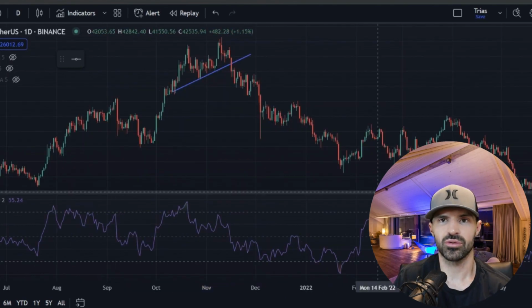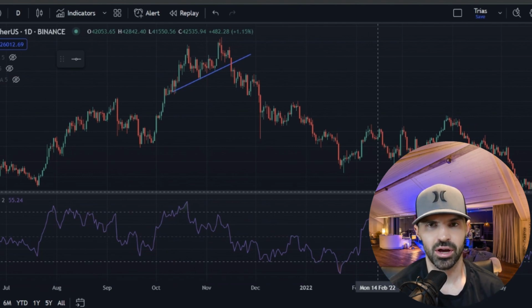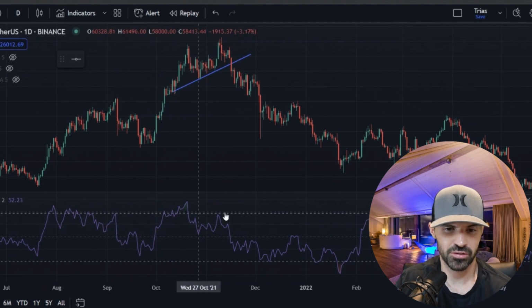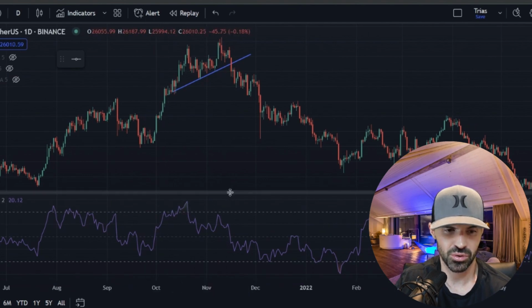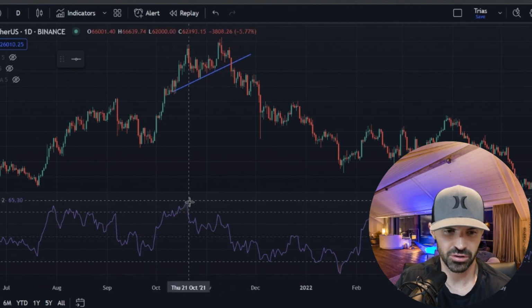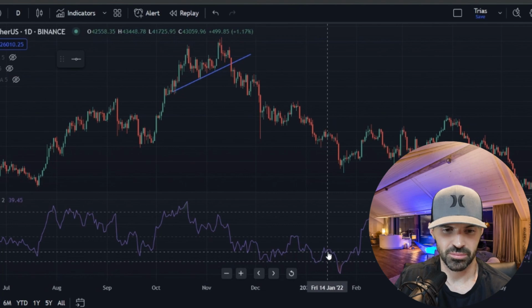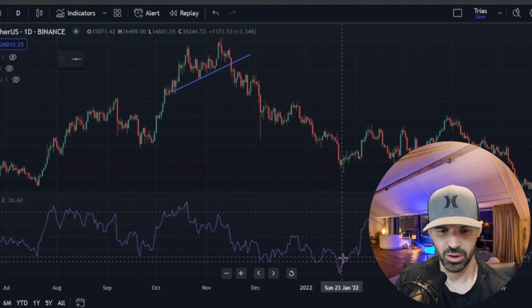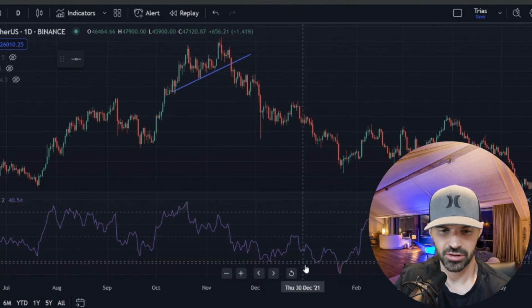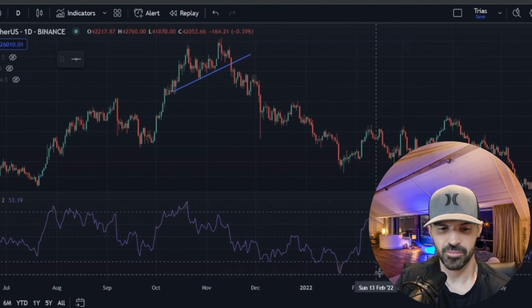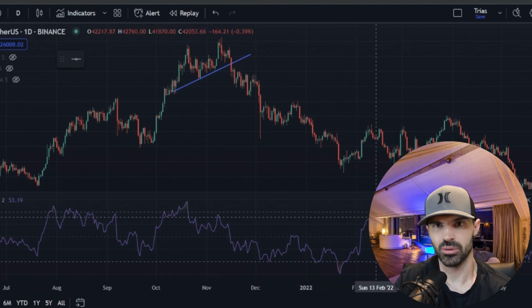Just to recap, once the RSI peaks its head above the 70 line, then you know that price is overbought and to expect a reversal. And again, once it dips below the 30 line, then you know that the price is oversold and you should be near enough to a bottom.